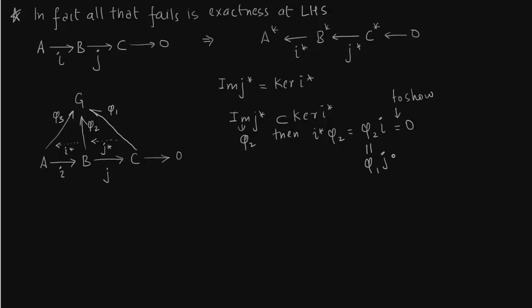So phi 2 is phi 1 j, put i like that, but ji is 0 because the sequence A to B to C to 0 is exact. So obviously now this map is equal to 0 and we are done.